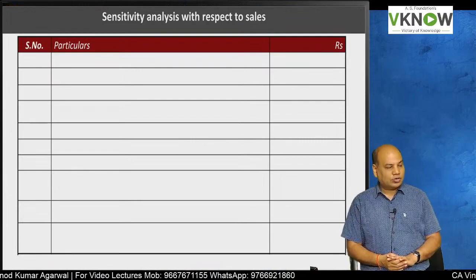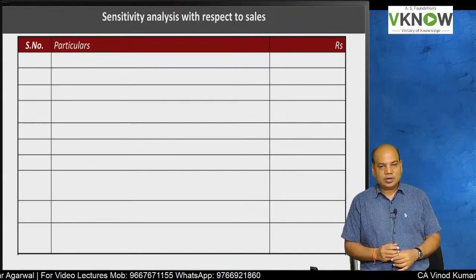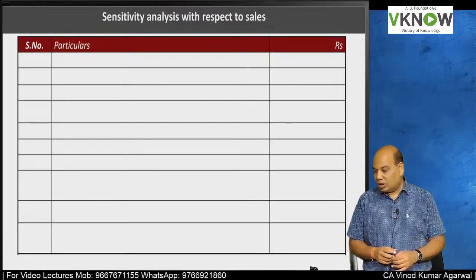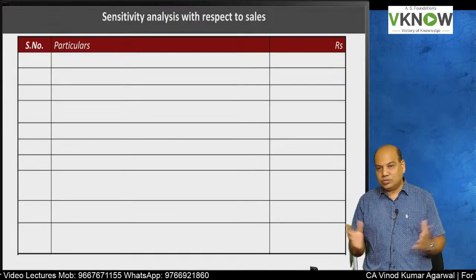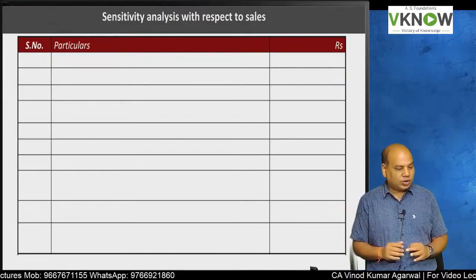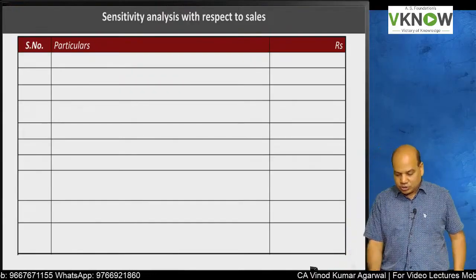There are two ways I can solve it. One is by preparing this statement and second is by writing an equation, and then whichever way it helps you, it's okay. So below that write sensitivity analysis with respect to sales.